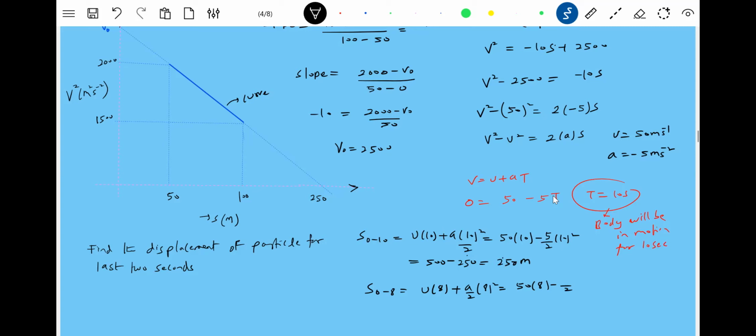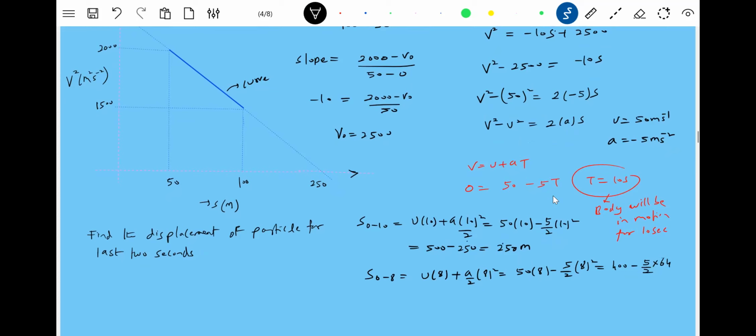Next, distance covered for first 8 seconds: again 50 into 8, which is 400, minus 5 by 2 into 64, which is 160. So it will be 240.